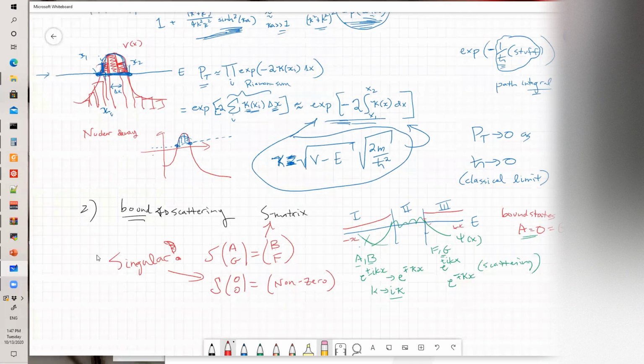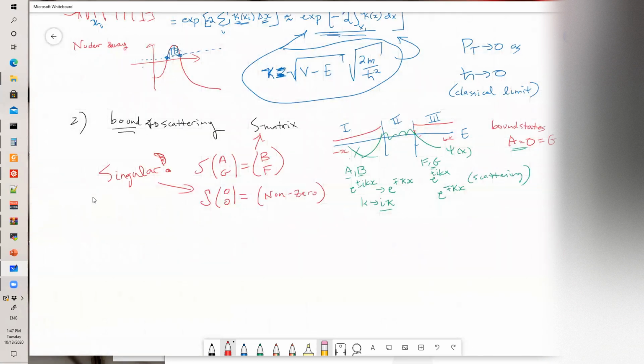So the conclusion is that if we take k and replace it with i kappa, then S evaluated at i kappa is singular at those bound state solutions. So you can actually look for bound states by looking for poles, singularities, in the S matrix.